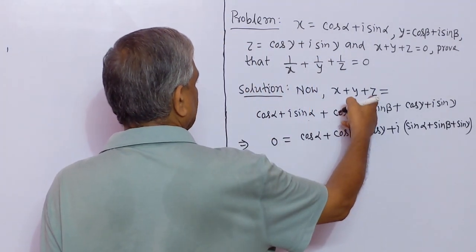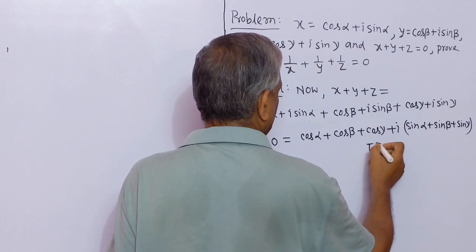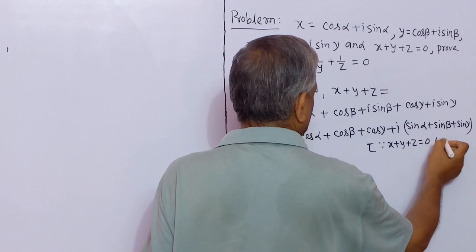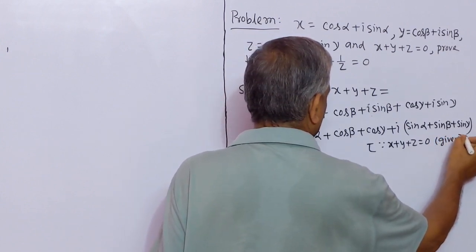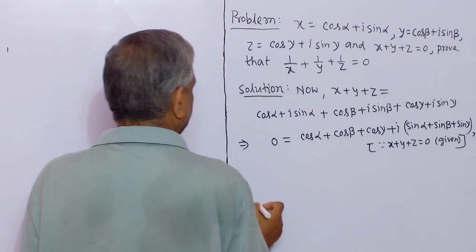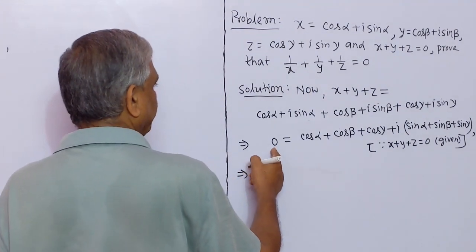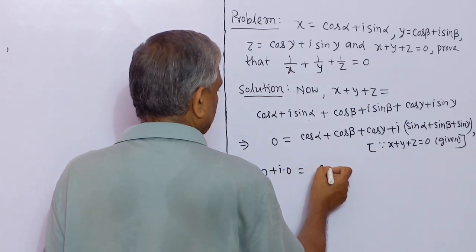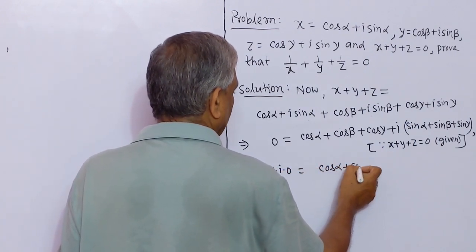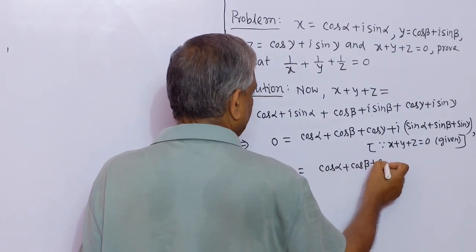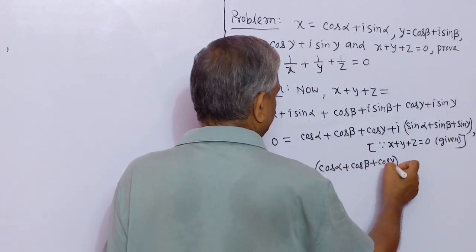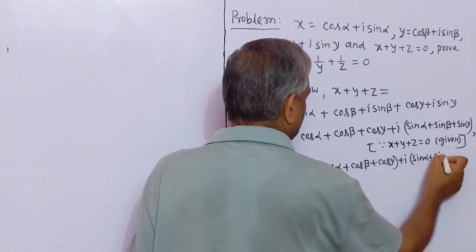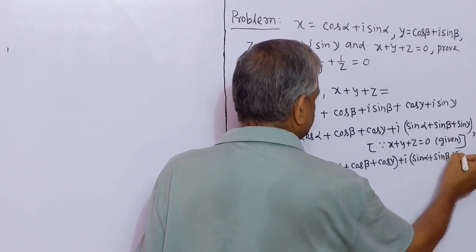Since x plus y plus z equal to 0, this implies that 0 means 0 plus i into 0. This is equal to cos alpha plus cos beta plus cos gamma plus i times sin alpha plus sin beta plus sin gamma.